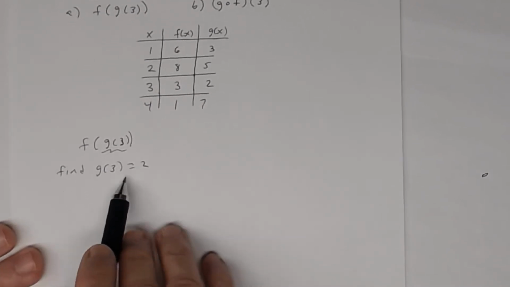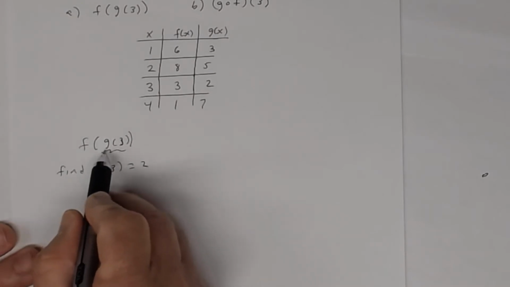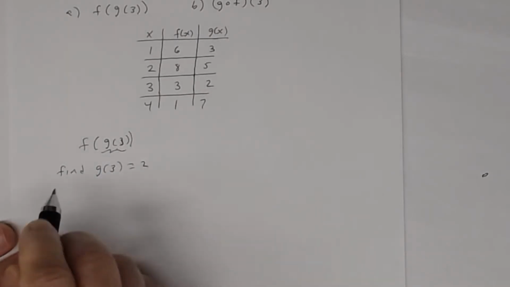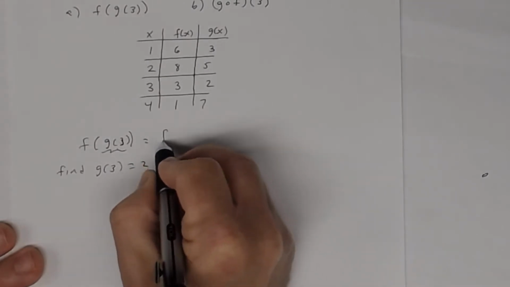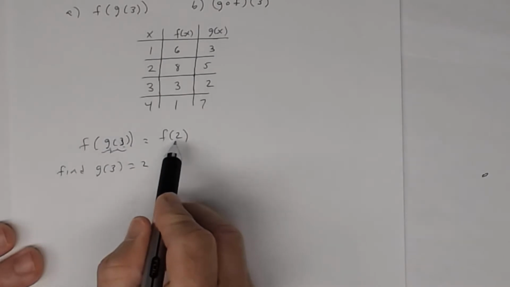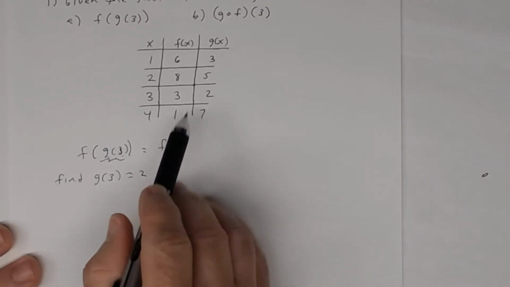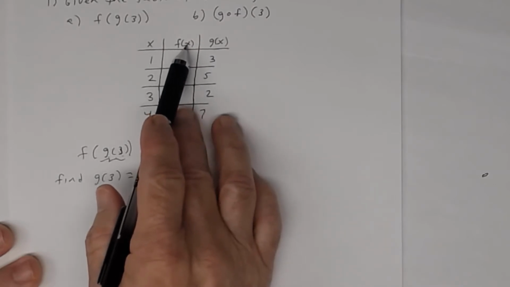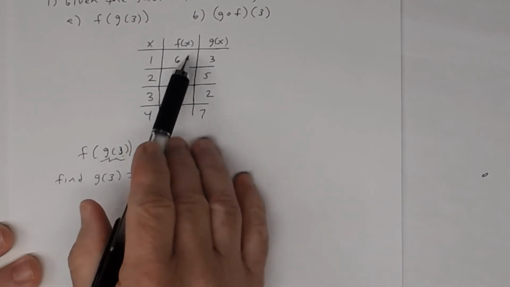Now, once you find that, the next thing you're going to do is substitute 2 in place of g of 3. So this becomes f of 2, because remember, g of 3 is now 2. Now we go back to the table. This time x is 2, so f of 2 is what I want to find. You're looking at your function f, so you got to use this column right here.